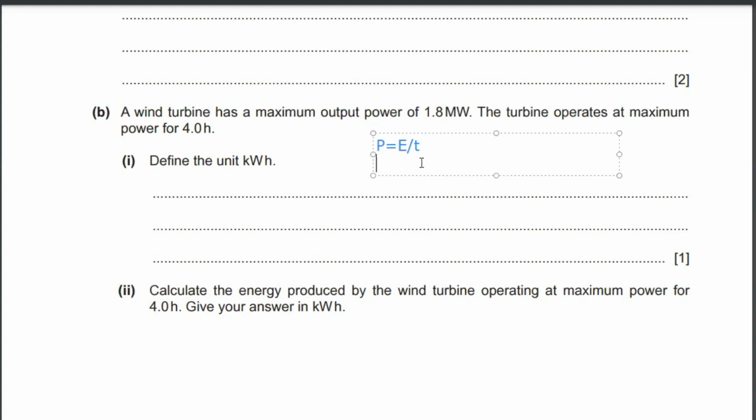We want to arrange it for energy, so energy would be equal to power times time. In this case, power is mentioned in kilowatts and time is mentioned in hours, so kilowatt hours. The definition would be just the energy transferred in 1 hour at a rate of 1 kilowatt. Because there is nothing written here, we will just assume it as 1. So 1 kilowatt is transferred every hour.